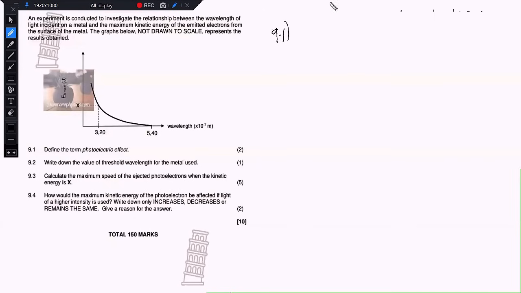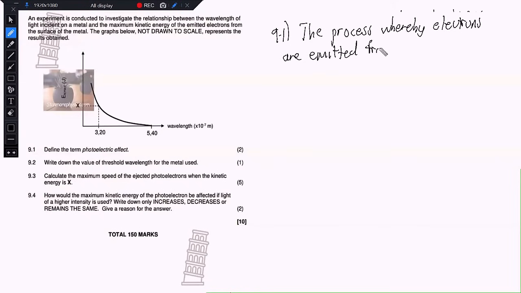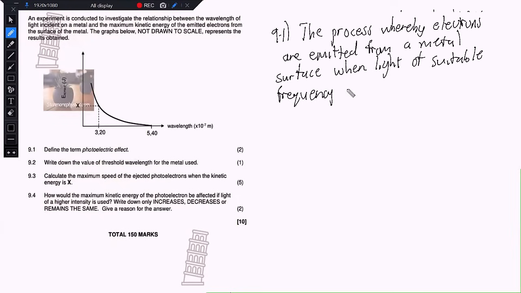So what is photoelectric effect? We are going to say this is the process whereby electrons are emitted from a metal surface, when light of suitable frequency is incident on that surface.